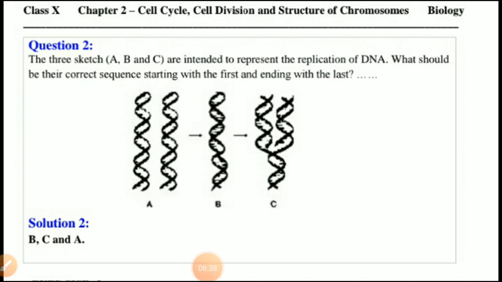Question number 2. The 3 sketches A, B and C are intended to represent the replication of DNA. What should be their correct sequence, starting with the first and ending with the last? The correct order is B, C and A.